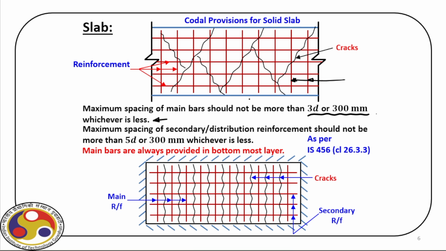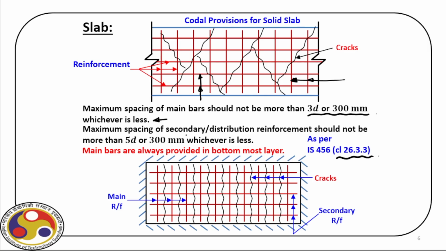So that is for the main rebars, which is shown here. For the secondary distribution reinforcement, we have rebars in the other direction, for example along this direction. For these also, we have codal provisions for maximum spacing, which should not be more than 5d or 300 millimeter, whichever is less, and the clause is 26.3.3.